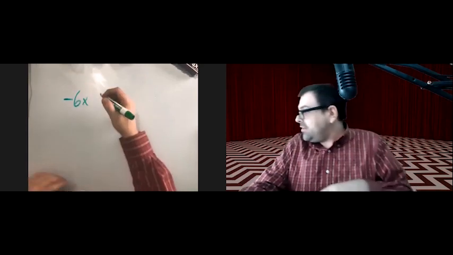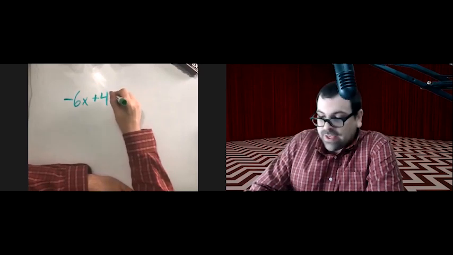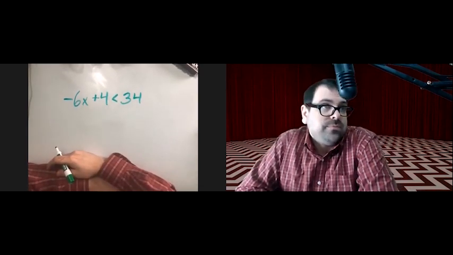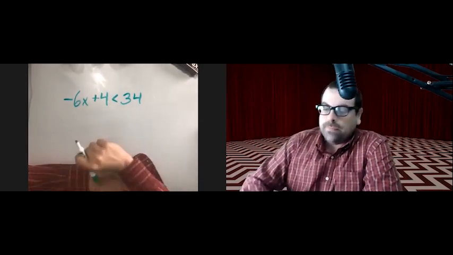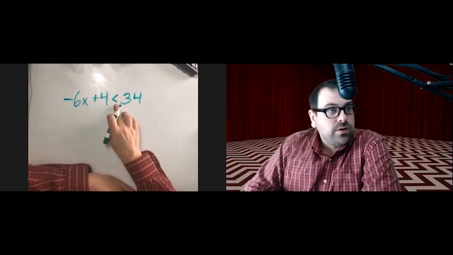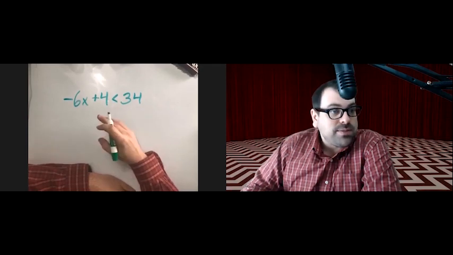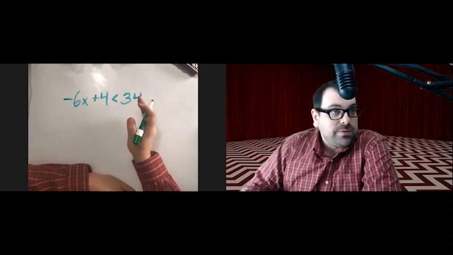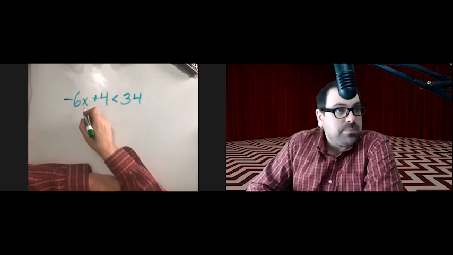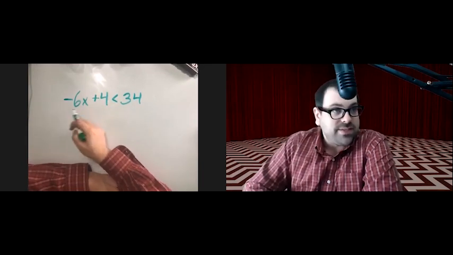Let's say we have negative 6x plus 4 is less than 34. Well, let's pretend it was equals 34. And let's not do anything differently until we get to a step where we might multiply or divide by a negative number. Okay, so we want to get the x by itself, which means we want to get the negative 6x by itself.